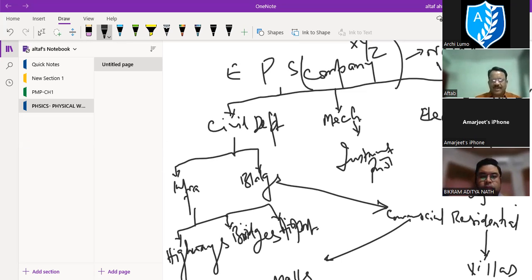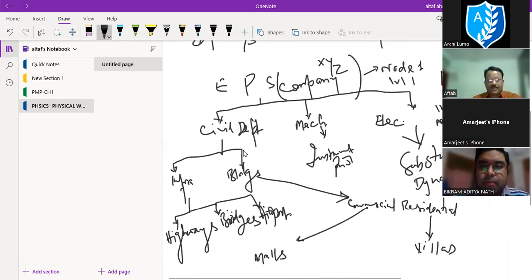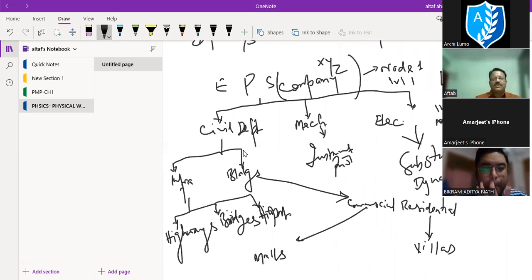Try to understand. Bikram, are you able to see this new slide? Yes, sir. As per Amarjit's query, I am again trying to explain this EPS in a proper manner, because this very first term is very confusing in Primavera.